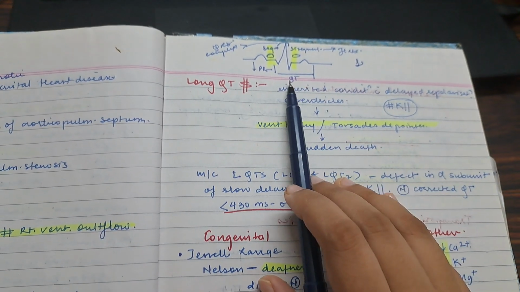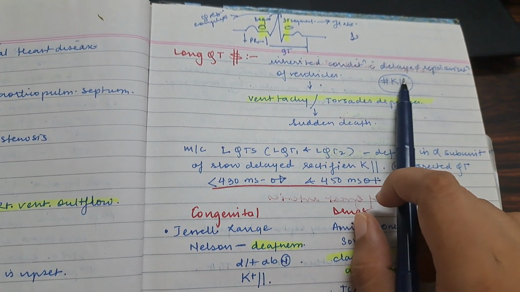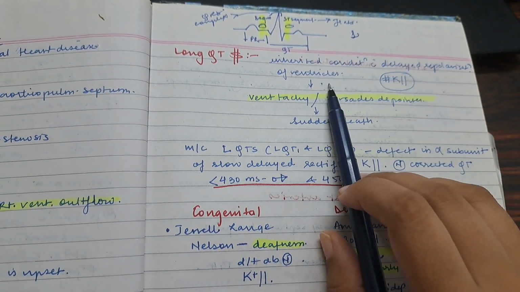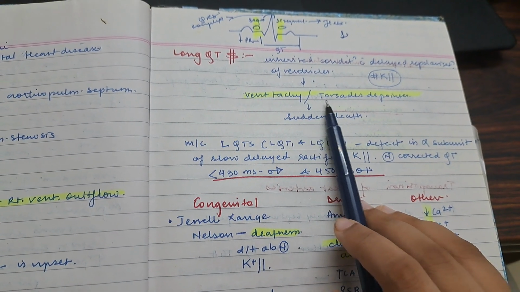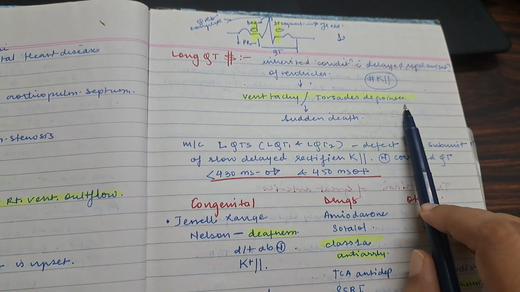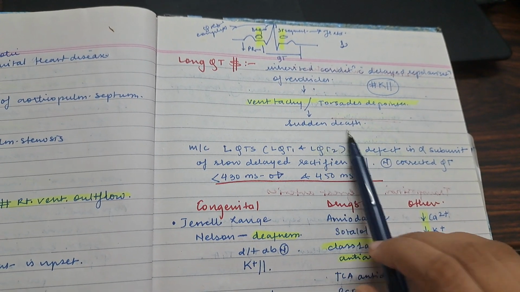So long QT syndrome is an inherited condition with delayed repolarization of the ventricles. There will be ventricular tachycardia or torsades de pointes in this because of the blockage of potassium channels, and this can lead to sudden death.